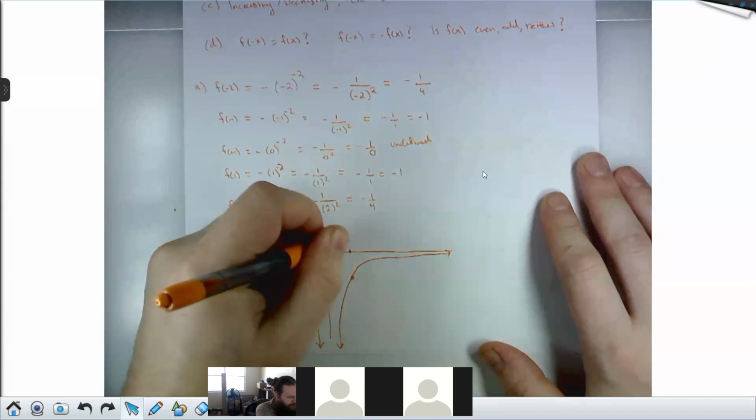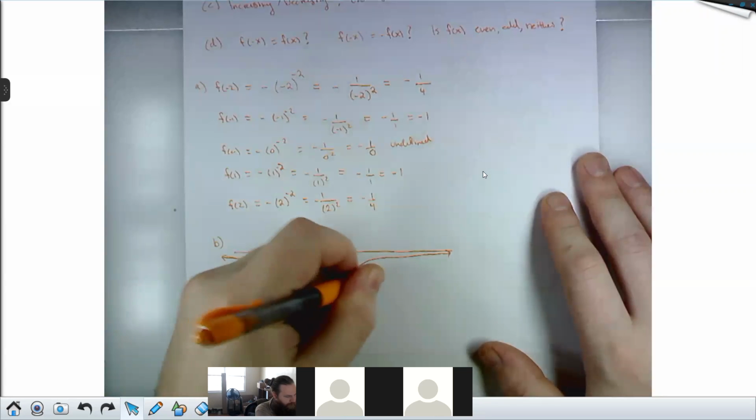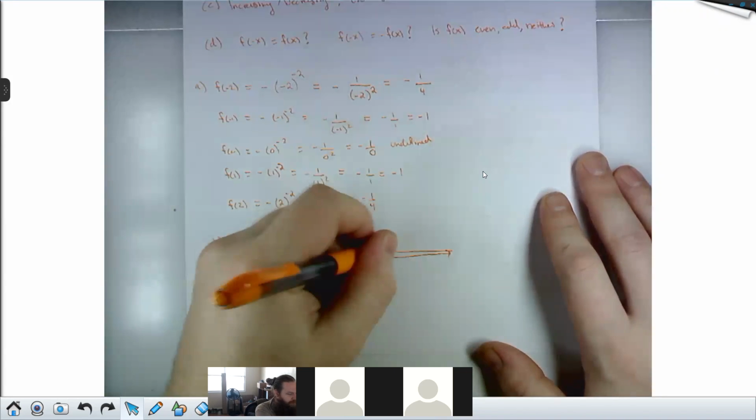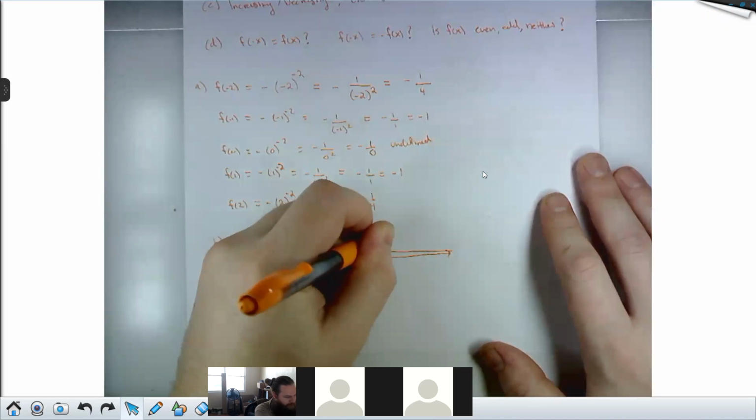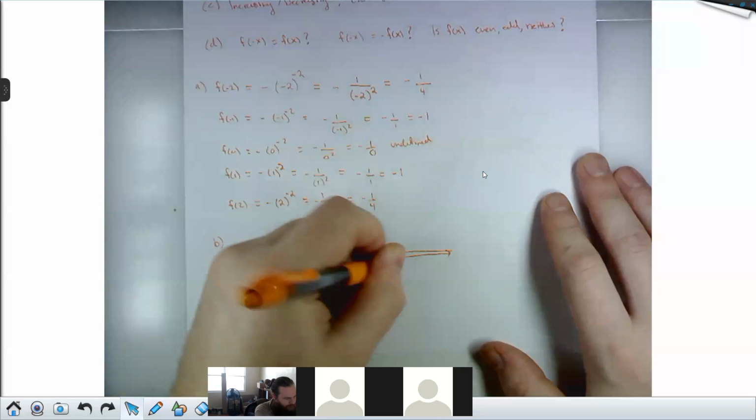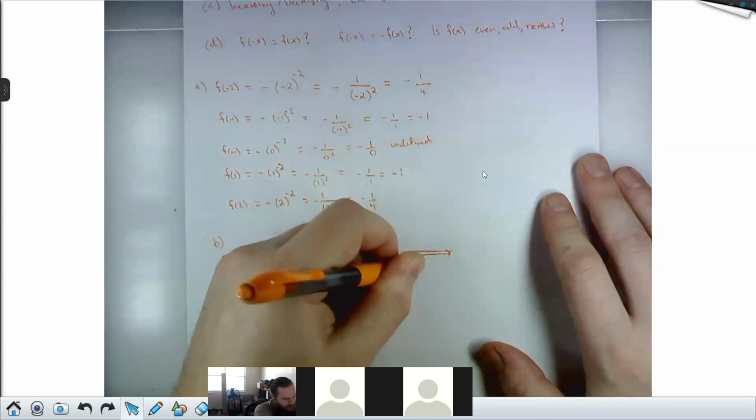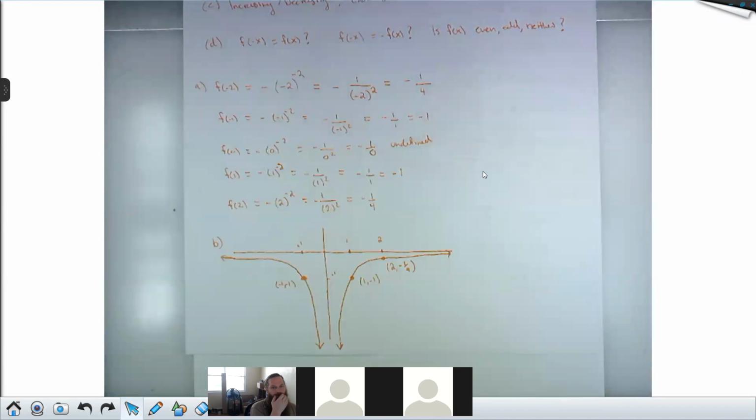Let's do that. There's 1, -1. And then 2, -1/4 is on there also, right? F of 2 is -1/4. So here's a lovely graph. All right. If this were an exam and I asked you guys to draw the graph, 100%, full points, beautiful graph.